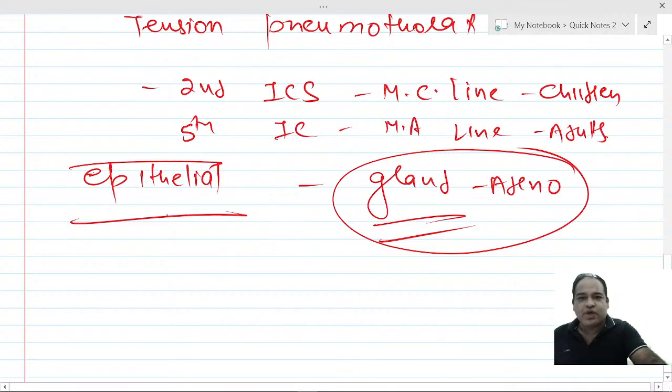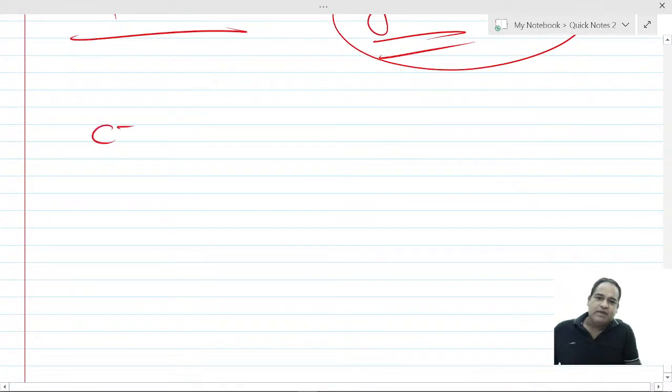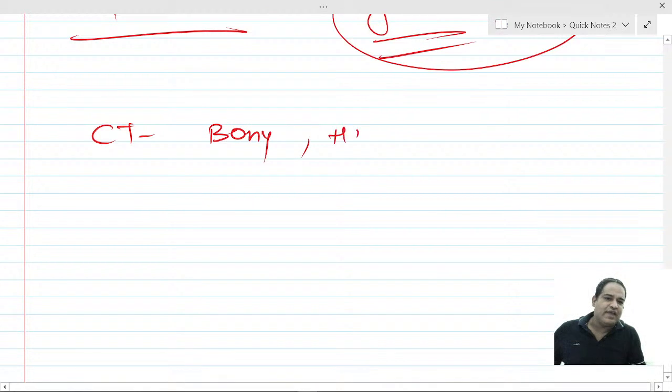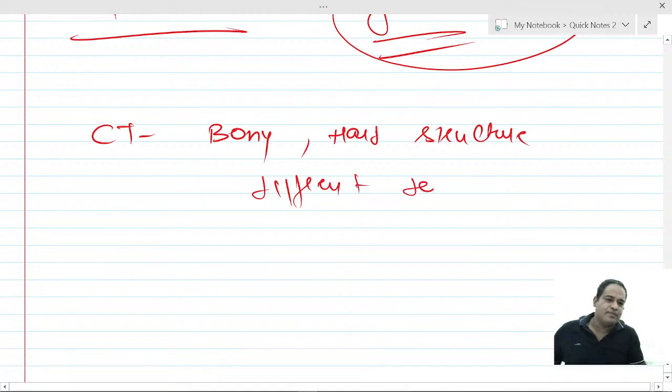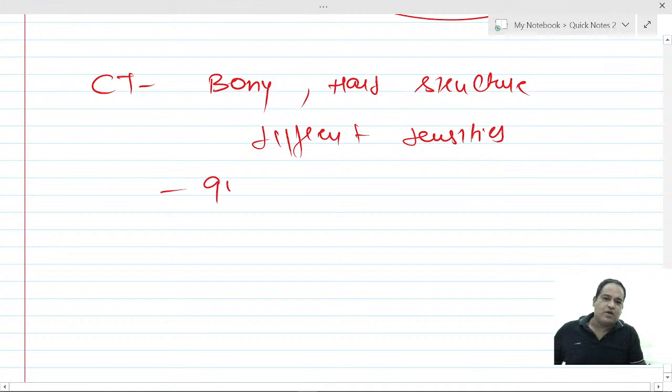See, CT scan for bony structure, CT scan for hard structure with different densities, CT scan for quick diagnosis.